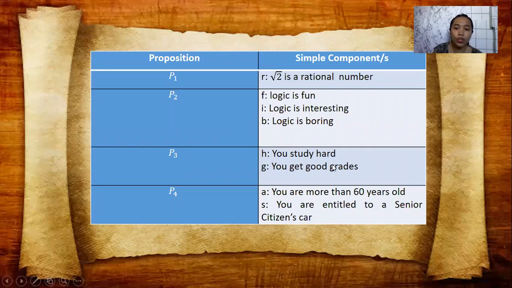H is the proposition you study hard and G is the proposition you get good grades. So you produce two statements from the original statement.